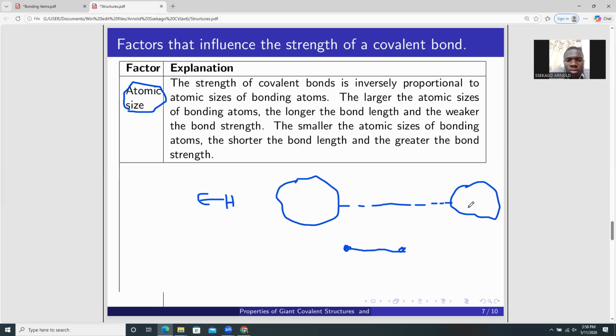Therefore, the big ones take a very long period of time to closely approach each other and share electrons, so they form a longer bond. So this bond is long. However, this bond is short.